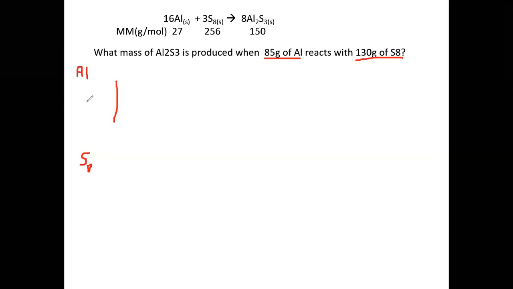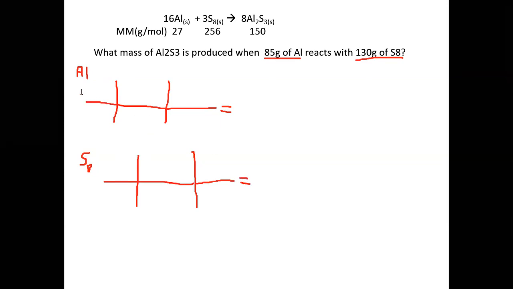So we set up our train tracks. It's going to have one less train track in this one. Again, we're stopping at moles to see which one produces the fewer moles.